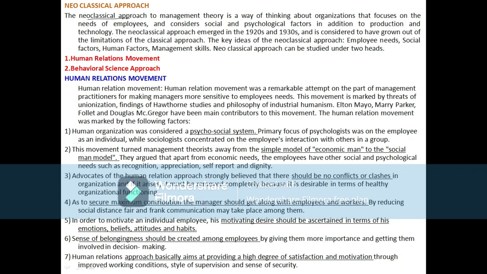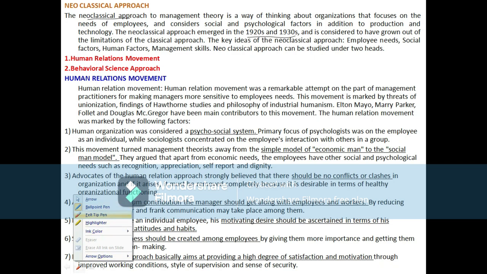We can say it is a people oriented approach. This neoclassical approach emerged in the 1920s and 1930s, and it grew out of the limitations of the classical approach.